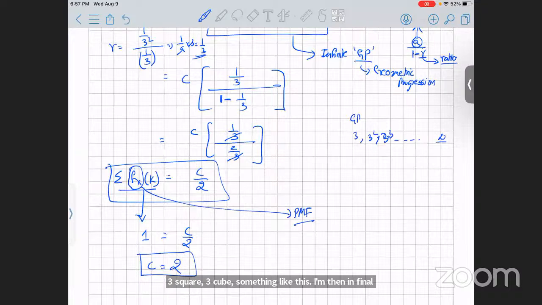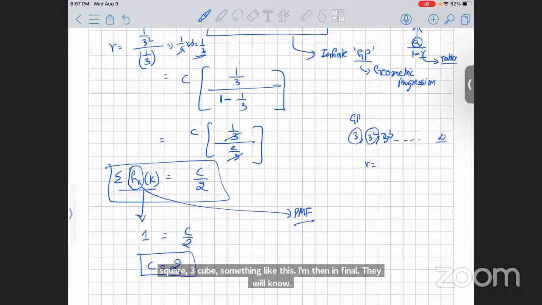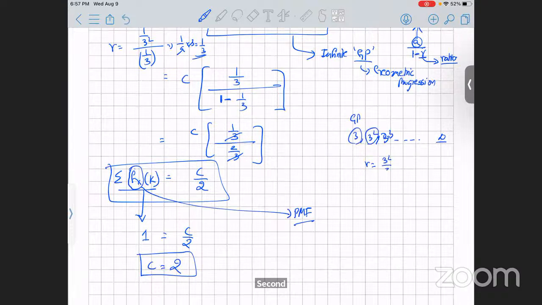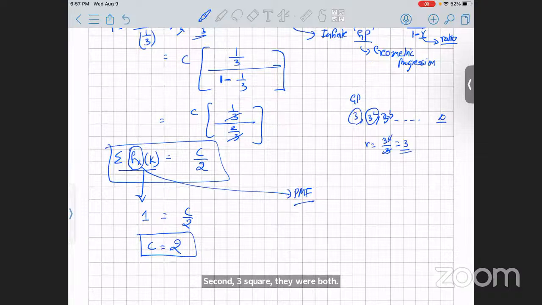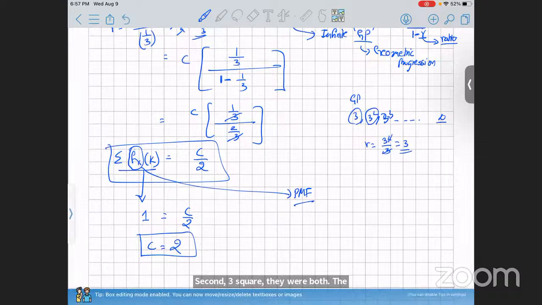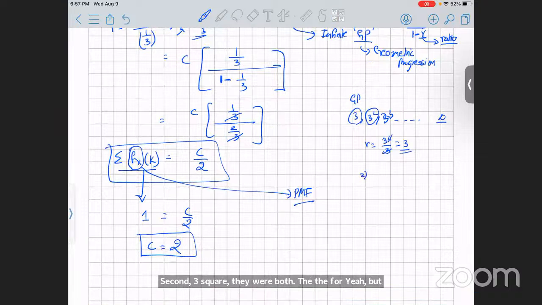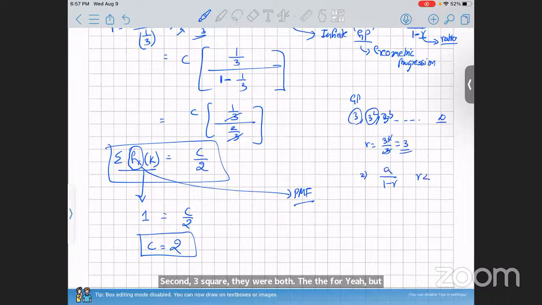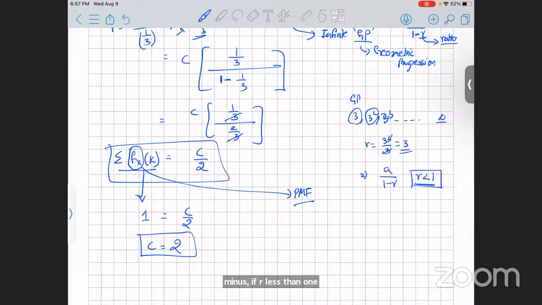Look, r means second term divided by first term, 3 square divided by 3, that equals 3. Look, the formula for infinite GP is a by 1 minus r if r is less than 1, and a by r minus 1 if r is greater than 1. Leave about this certain thing.